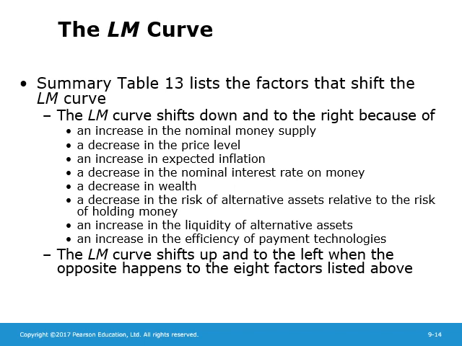For example, a decrease in the nominal money supply, an increase in the price level, a decrease in expected inflation, etc. So you get the opposite shift, I mean shifting up and to the left, if what happens is the opposite of these listed factors. And you can find the summary again in the next table.